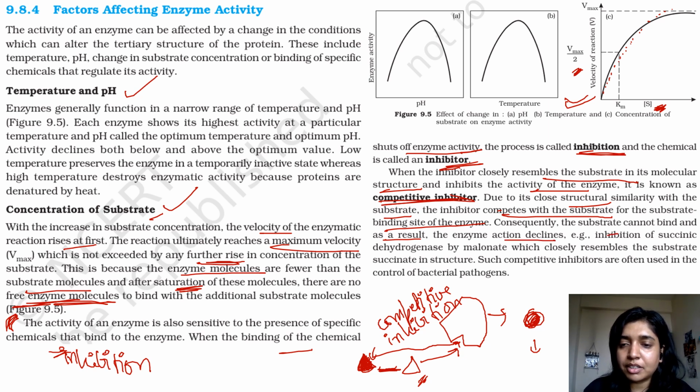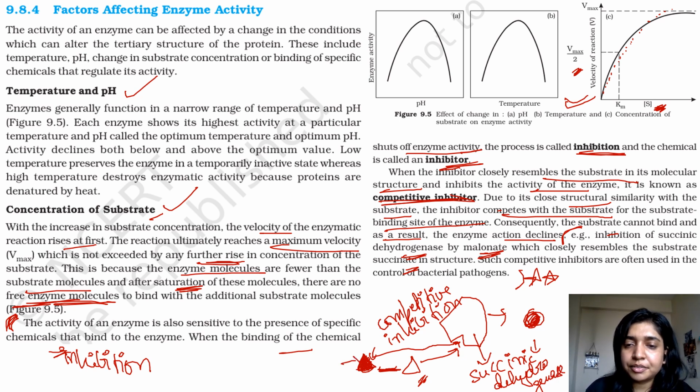That is, for example, this is very important. It has come many a times. Inhibition of succinic dehydrogenase by malonate, which closely resembles succinate in structure. So over here in this example, this is the enzyme, which is succinic dehydrogenase.